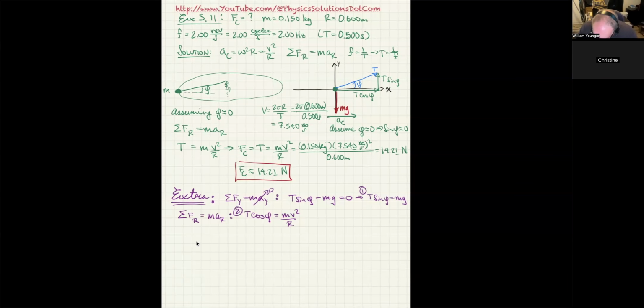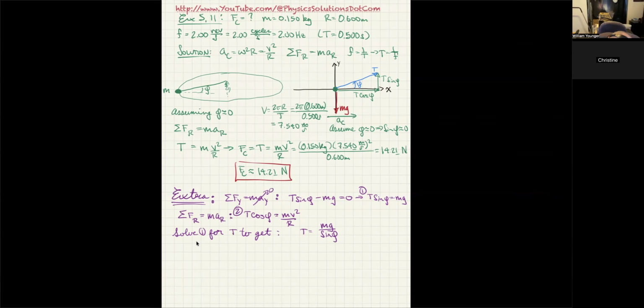So if we wish, we can go ahead and solve one for the tension T to get T is equal to mg over sine phi. Okay.